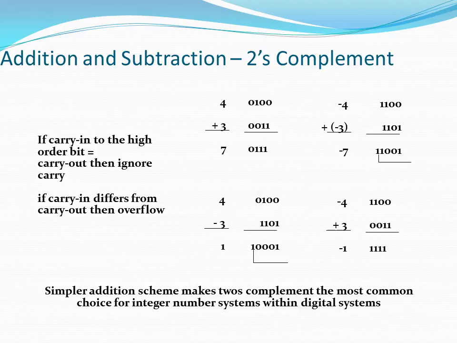In the third case, we have only one negative number. 4 is written as usual, 0 1 0 0, but for the negative number we write the 2's complement and perform the addition operation, and here also we discard the carry. So this is the way we perform addition whenever we have negative numbers.